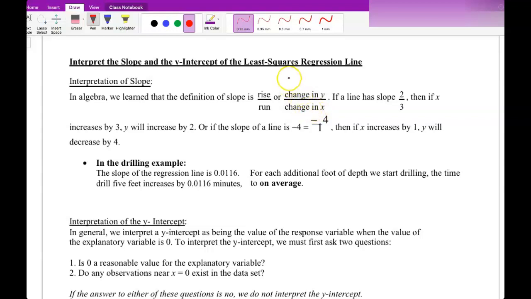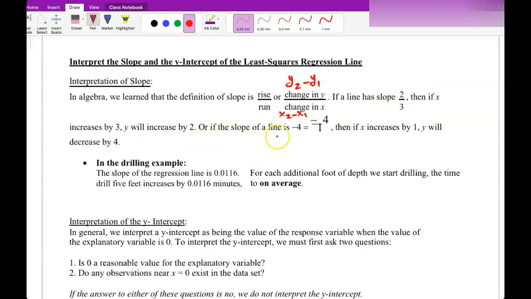Here we use y2 minus y1 in the numerator and x2 minus x1 in the denominator. If a line has a slope 2 over 3, then if x increases by 3, because in the denominator we have the change in x, y will increase by positive 2, because both of these are positive numbers. That's why we have increasing.